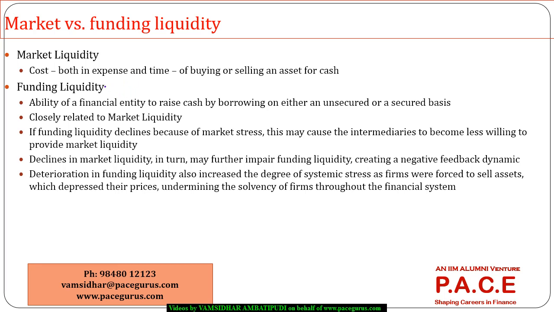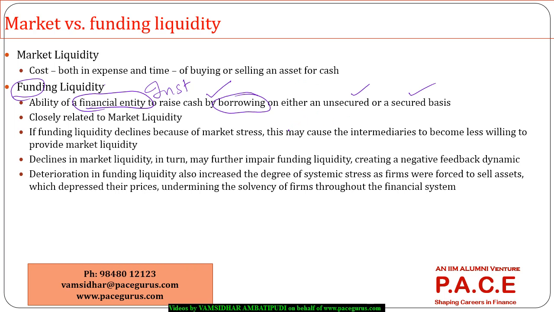But coming to funding liquidity, it's more to do with raising funds. So we talk about any financial entity or institution. What is the level of ease that this financial institution has in raising capital? How comfortable is it? What is the ease at which the financial institution is able to borrow, either on a secured basis or on an unsecured basis, whatever the basis?